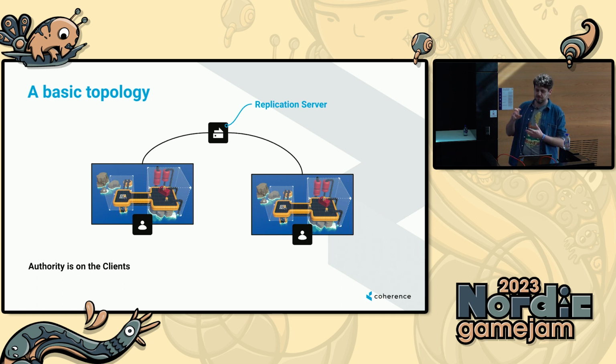The replication server just acts as a replicator, let's say, of states across clients. So every client has to connect to the replication server, and then they just send commands to each other or states when they have authority. In this case, for example, authority is completely on the client, so the clients do things on their own, they send them to the replication server, and the replication server shares them with the other client.